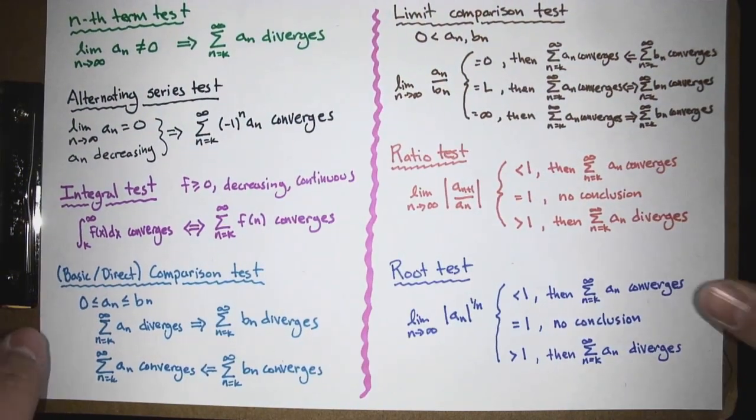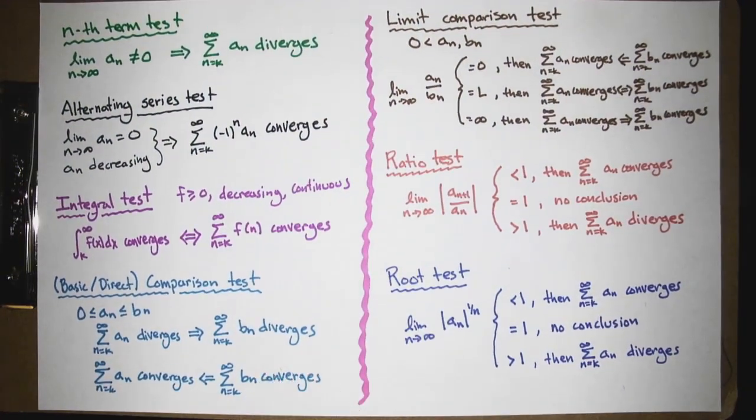So let's put up all our tests. These are the tests that you'll need to know. Unfortunately, we don't have space on the formula sheet to put all these on, so these are things you'll have to learn. Bits and pieces are on there, but not everything. We have the nth term test, which says if the terms don't go to 0, we diverge.